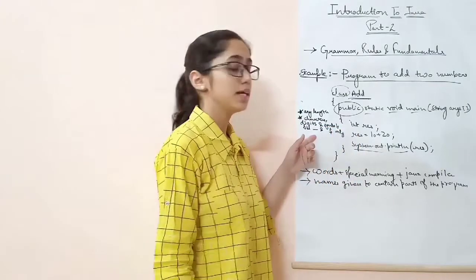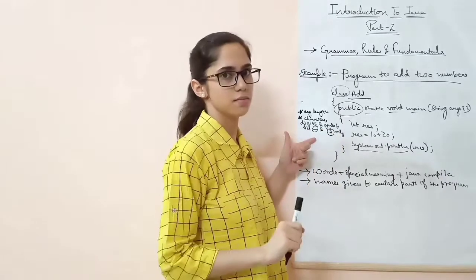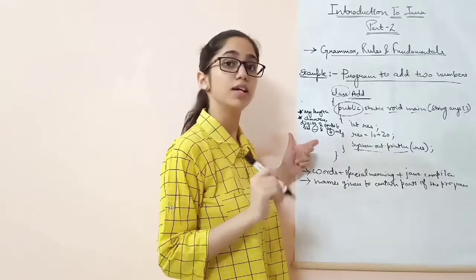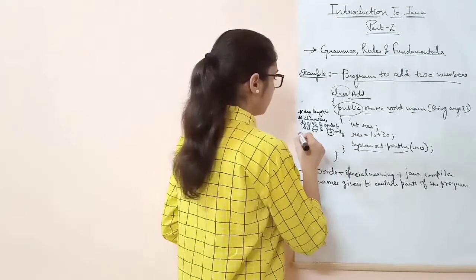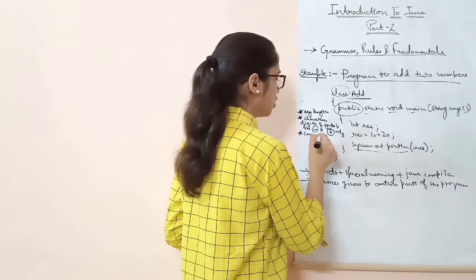By only I mean that except for this underscore and dollar, there are no other symbols allowed while giving names. Third rule is that it cannot start with a digit.